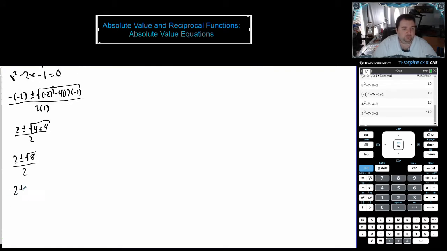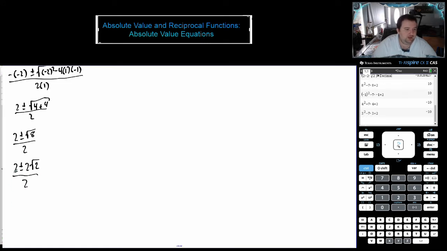This is going to be 2 plus or minus, and this root 8 is 2 root 2 over 2. Now you can see hopefully that these are going to cancel out. So we're going to be left with 1 plus or minus root 2. Very, very convenient. 1 plus or minus root 2. So our two possibilities are 1 plus root 2 or 1 minus root 2.